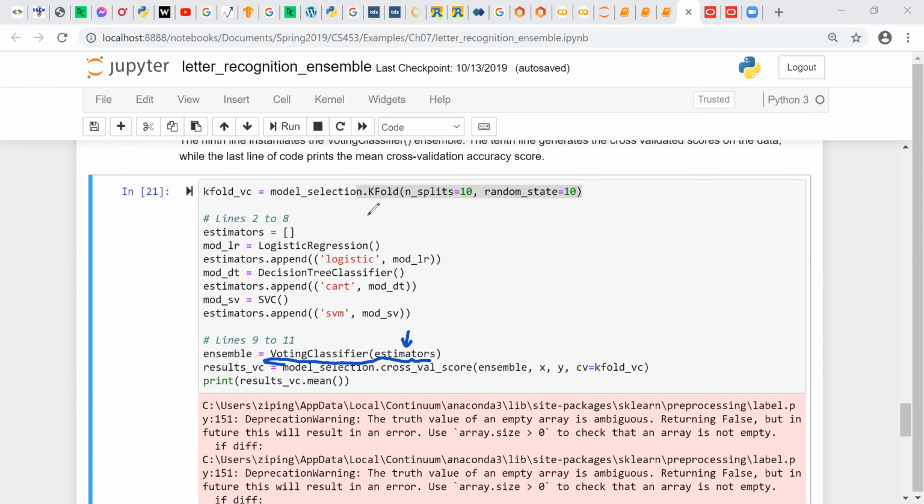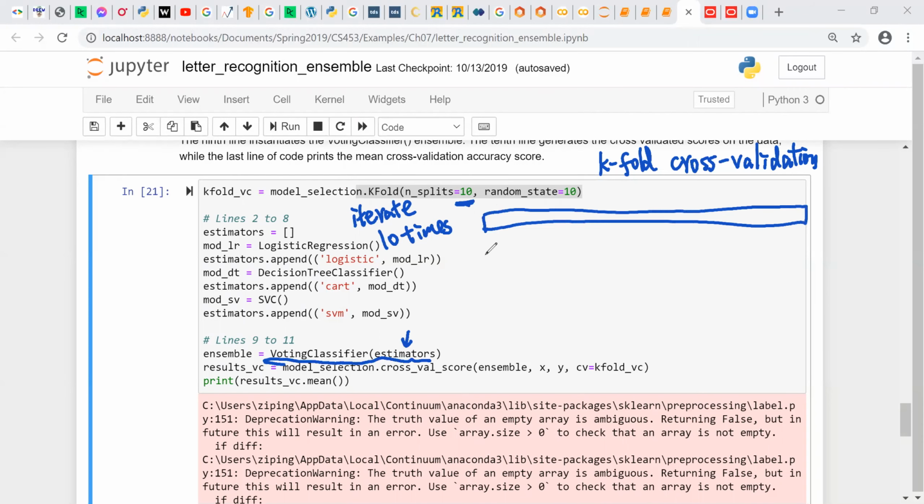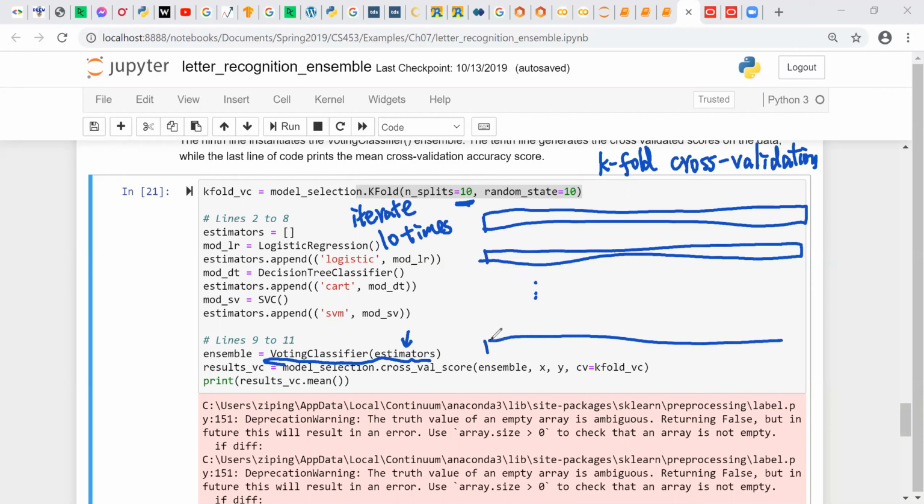And regarding k-fold cross-validation, over here it's 10-fold. If it is 10-fold, you're going to iterate 10 times. So you will have the first round, second round, up to 10 rounds, 10 iterations.